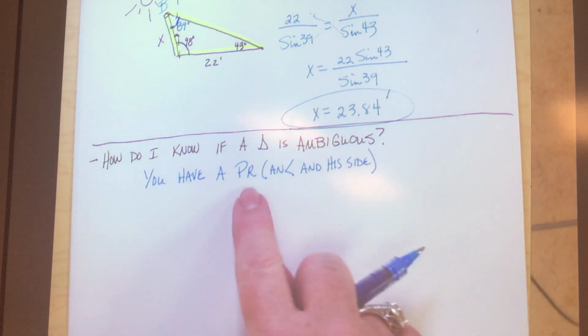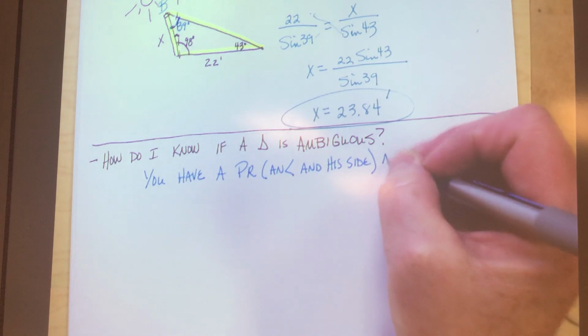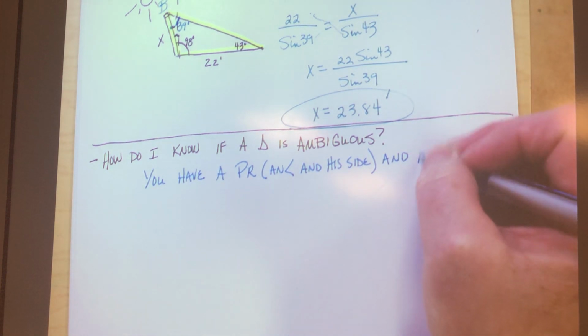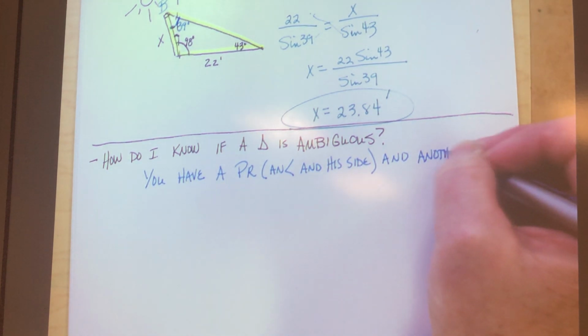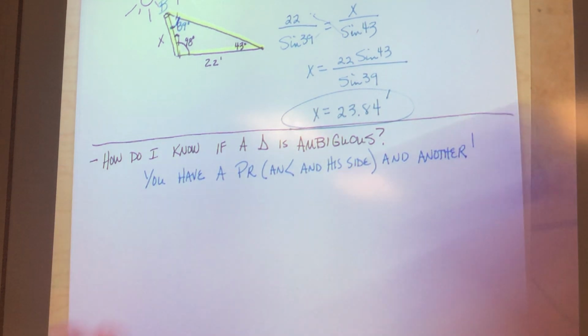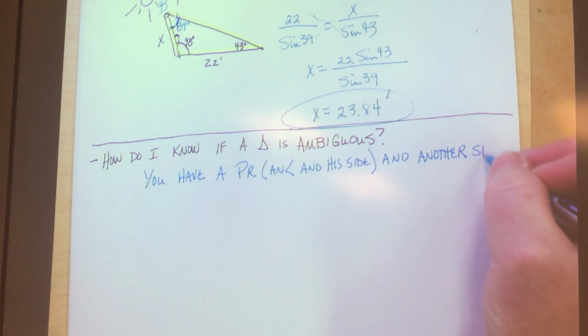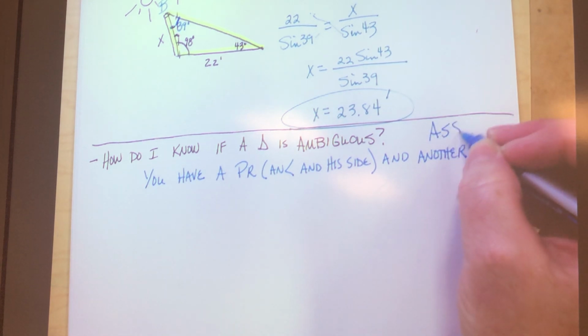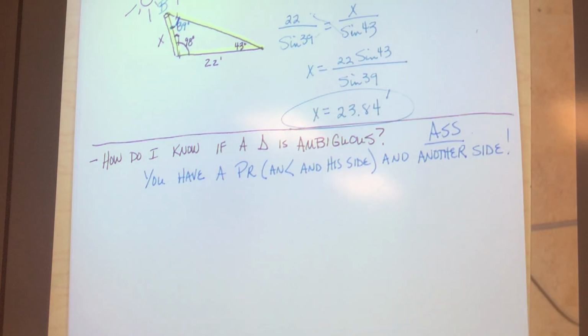So if you have a pair and another side, then that is going to be your ambiguous case. That is angle, side, side. That's what we have to be careful about.